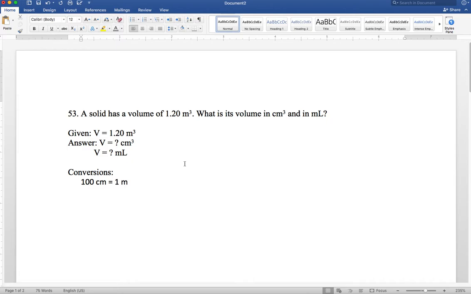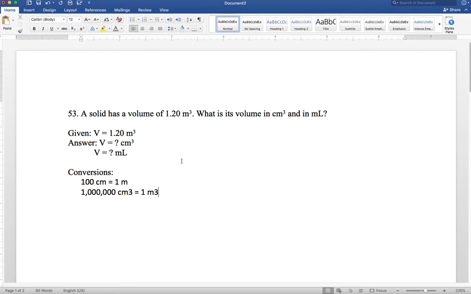Here's an answer from convertunits.com. 1 cubic meter is equal to 1,000,000 cubic centimeters. So that's the same thing that I came up with by doing some math, and here you can do it just by Googling. So 1,000,000 cubic centimeters equals 1 cubic meter.